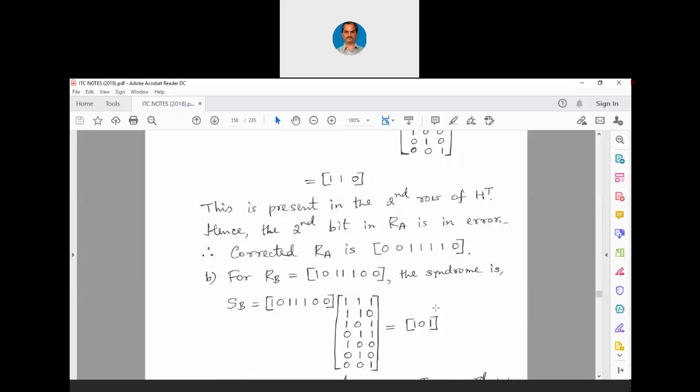That is fine. Now the question to my students who are listening and have understood this concept is: all the syndromes, are they predefined? The syndrome bit combinations, are they predefined?